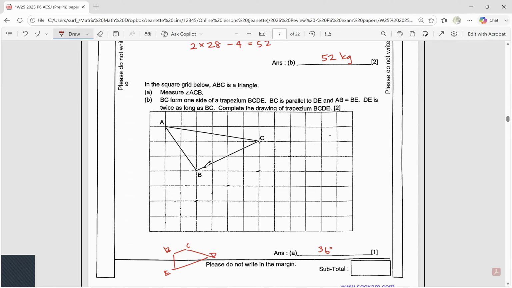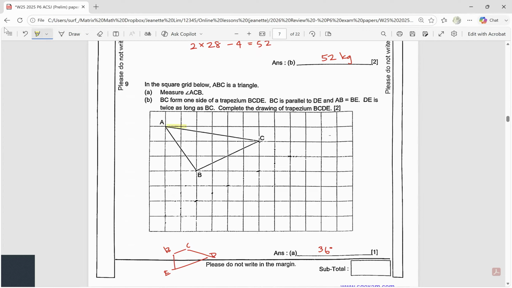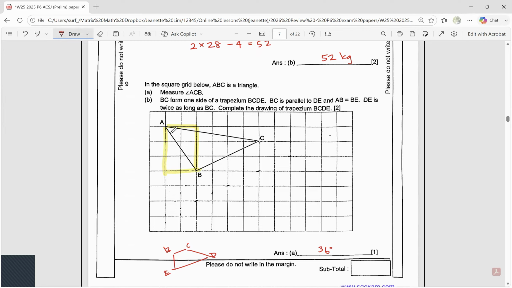So firstly, let's do BE. AB equals BE. If AB is this length, see that AB actually cuts across, A to B cuts across 6 squares.